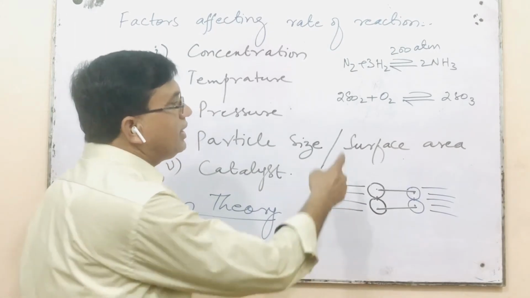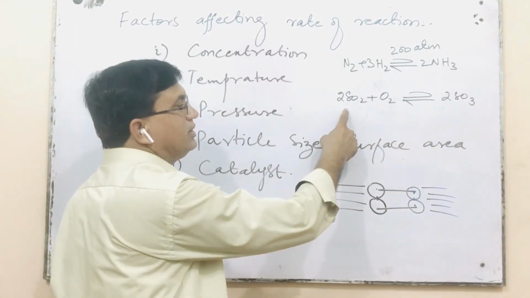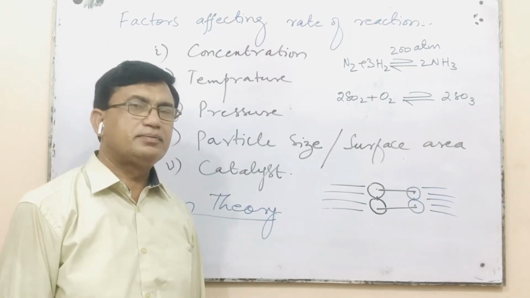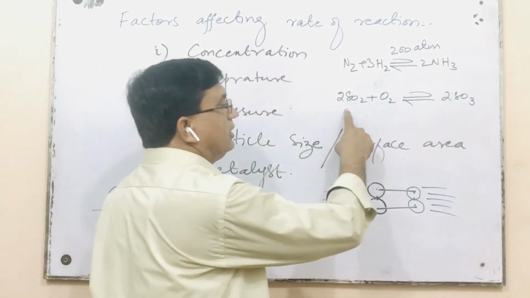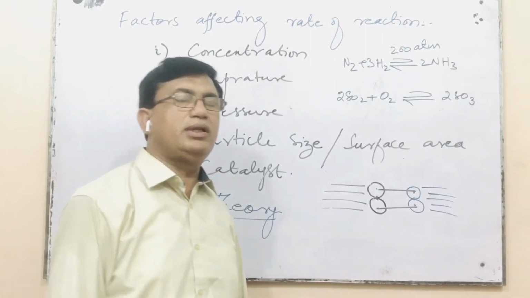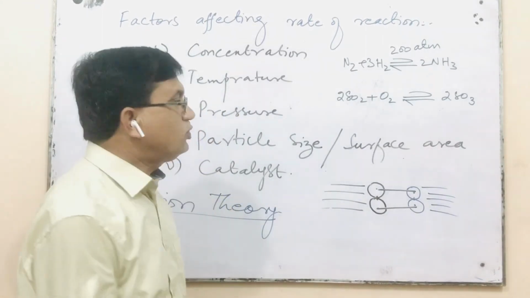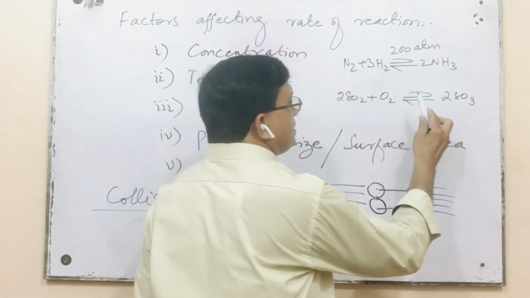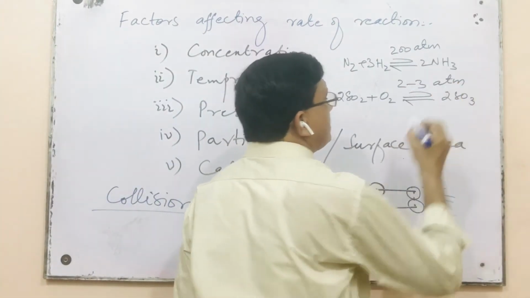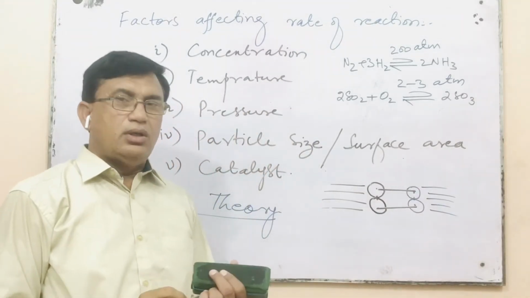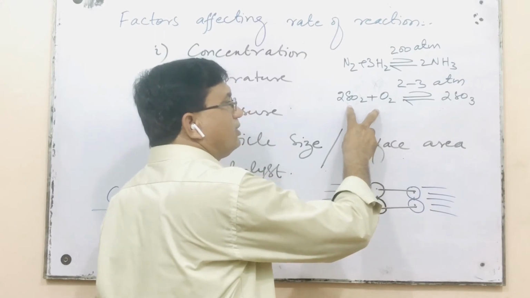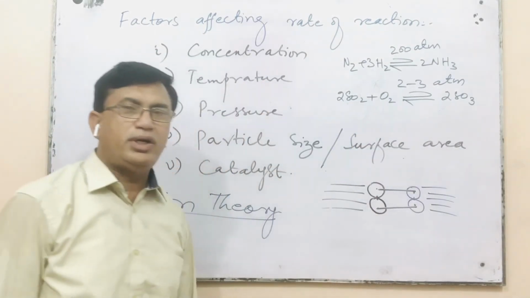But here, sulfur dioxide is a very heavy gas, so its reaction can be performed with oxygen which is present in the atmosphere. That's why in this case just 2 to 3 atmospheric pressure is sufficient. At this pressure, both of these gases will react together and convert into the product.